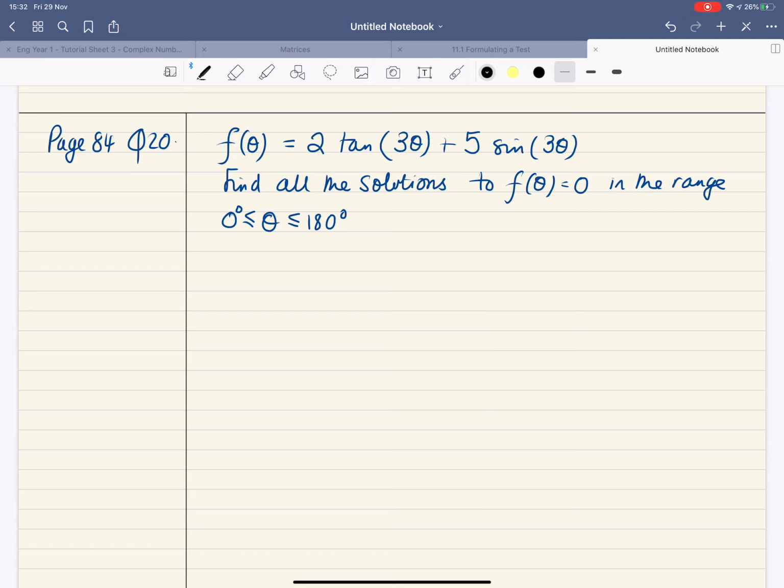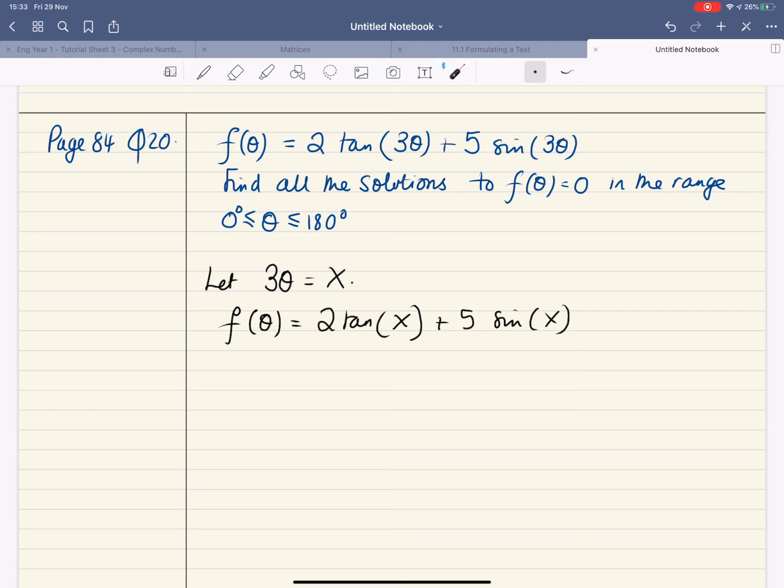Right, I'm going to start by, when it's not just a straightforward x or a theta there, it's a multiple of x, or a multiple of x plus or minus some degrees, the best start for this is to say, let 3 theta be equal to x, first of all, okay? And then the problem becomes f of theta is 2 tan of x plus 5 sine of x, okay?